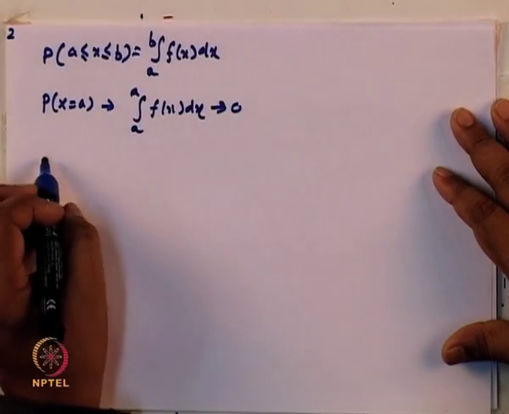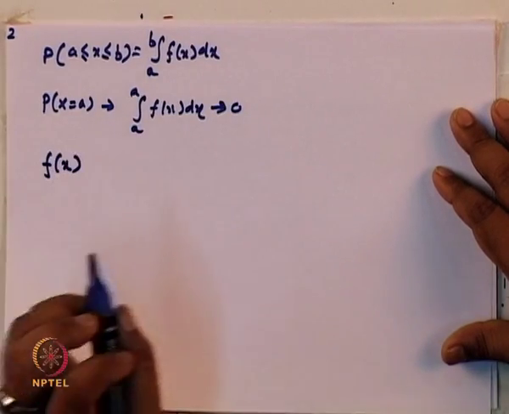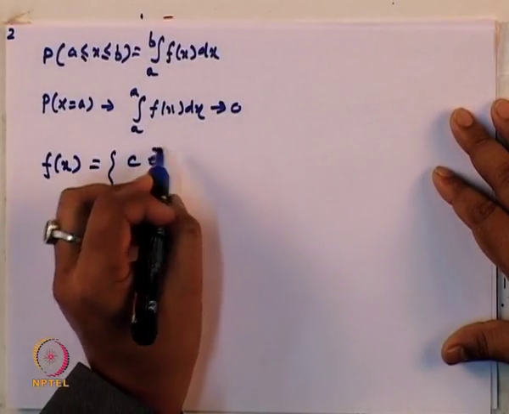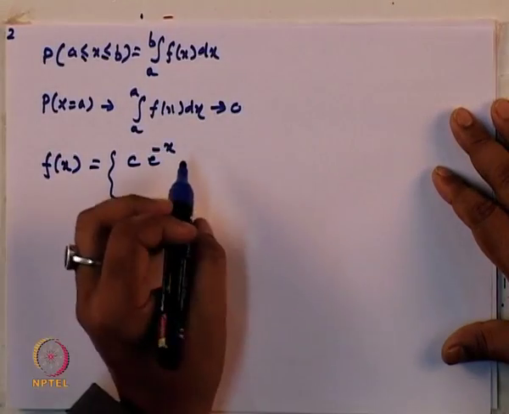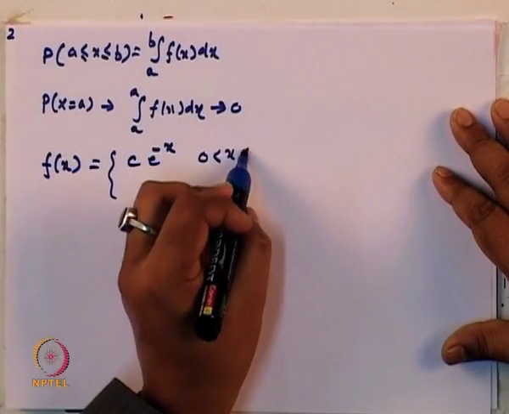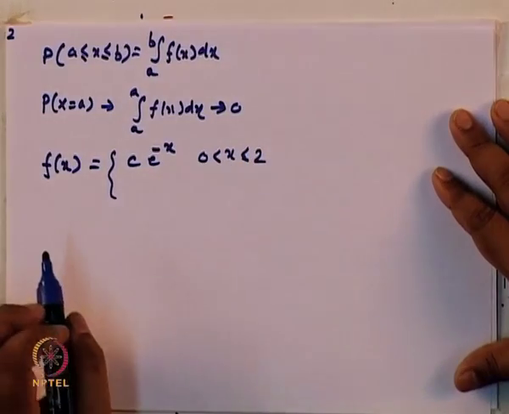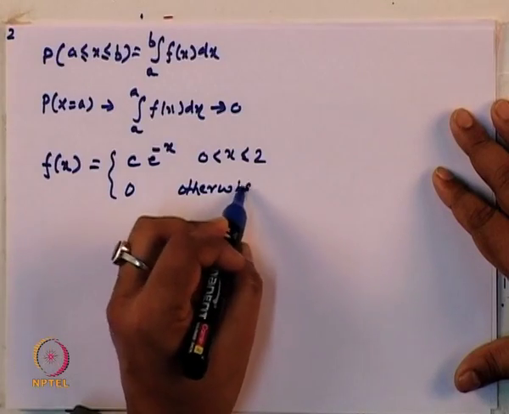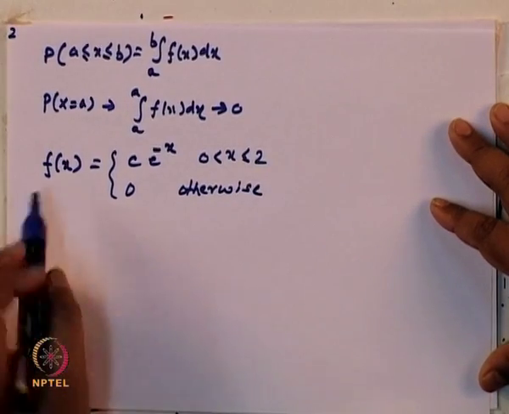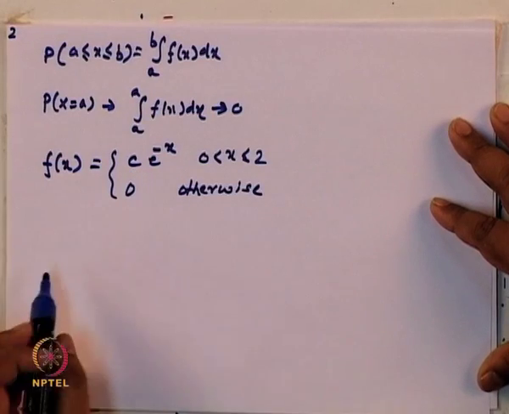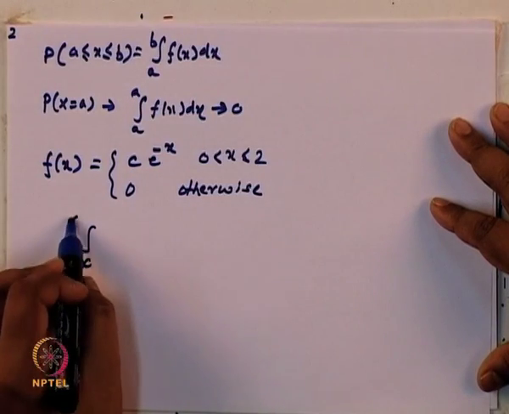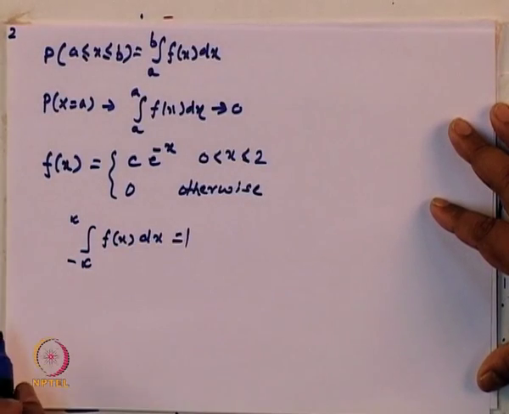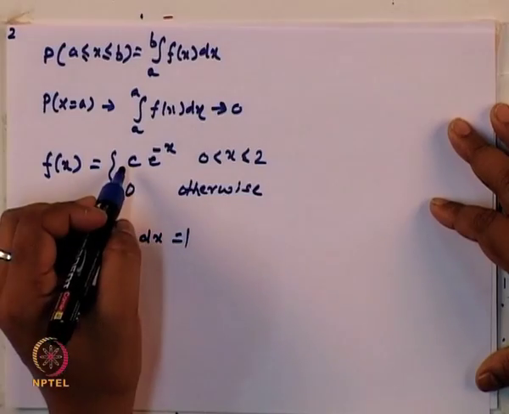Okay. So, let us take a pretty simple example. Let us define f x as c e to the power minus x between 0 to 2, and equal to 0 otherwise. How do we calculate the constant? So, we use the identity that the integral between minus infinity and plus infinity will return a value of 1. So, I can use this expression.